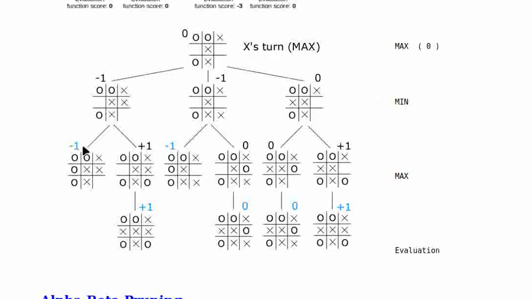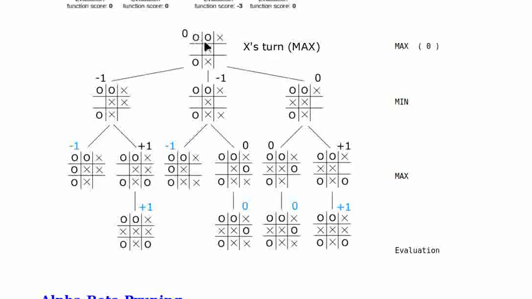So the minimum of negative 1 and negative 1 is negative 1. The minimum of negative 1 and 0 is negative 1. And the minimum of 0 and plus 1 is 0. And at this level, it takes the maximum. So the maximum of negative 1, 0 is 0.